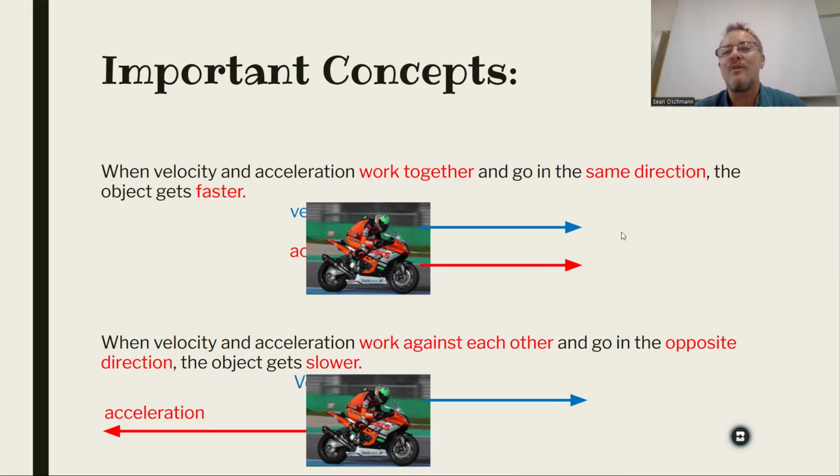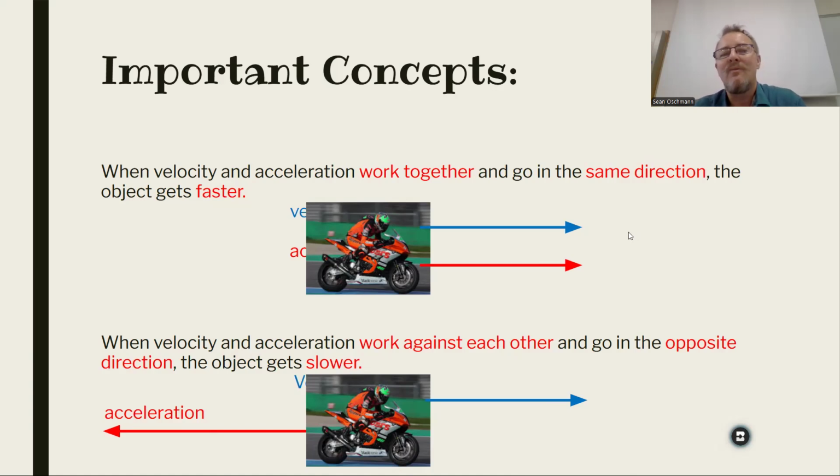If the acceleration is also going to the right, then the motorcycle will get faster because velocity and acceleration are going in the same direction. So they're helping each other. They work together. But if this motorcycle goes to the right and then has acceleration that's in the opposite direction, so going to the left, it will get slower because velocity and acceleration work against each other.